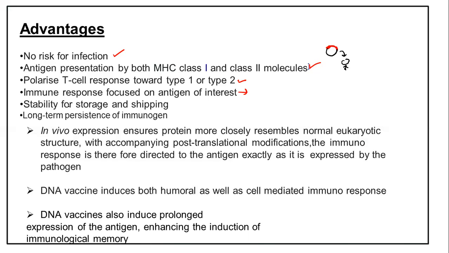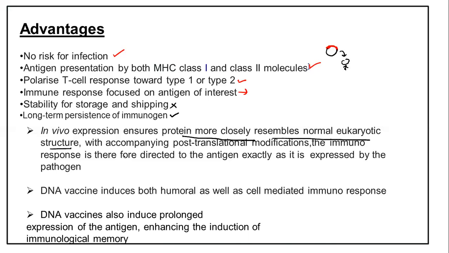Another is the stability for storage and shipping. It's highly stable, no refrigeration is needed, so it's cost effective in respect of storage, and has long term persistence of immunogen, right? Now you can see that in vivo expression ensures the protein more closely resembles normal eukaryotic structure with accompanying post-translational modification.